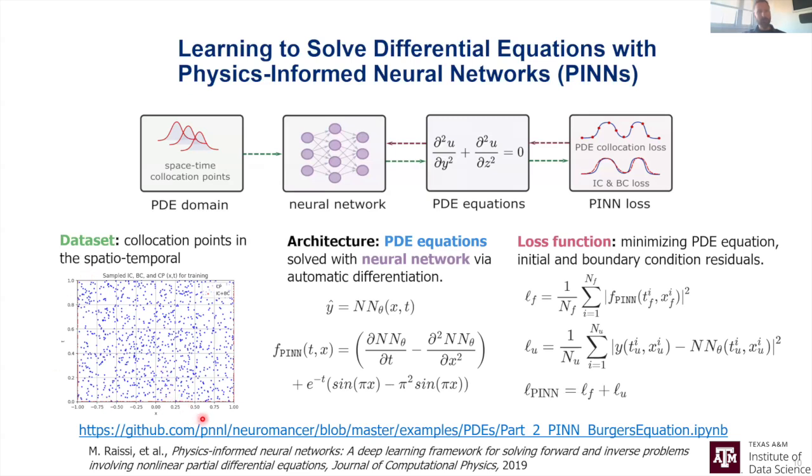So here I have a two-dimensional domain, one temporal, one spatial coordinate, and these blue dots represent the points in the space-time that are essentially features for my neural network approximation of the partial differential equation solution. So I'm mapping the space and time into the PDE solution. And this PDE solution is evaluated in the known partial differential equation.